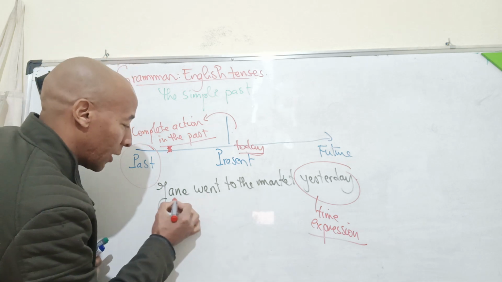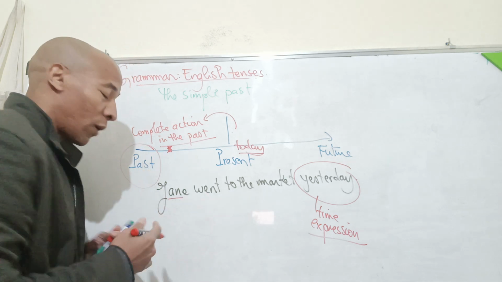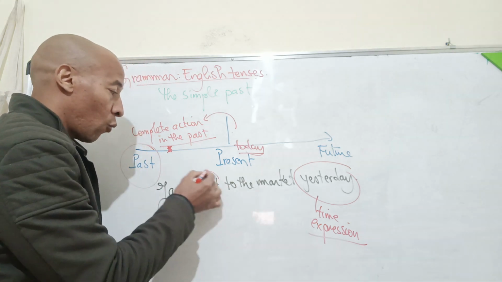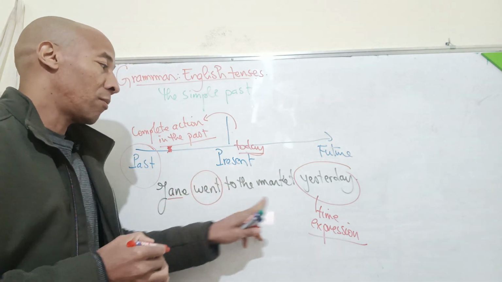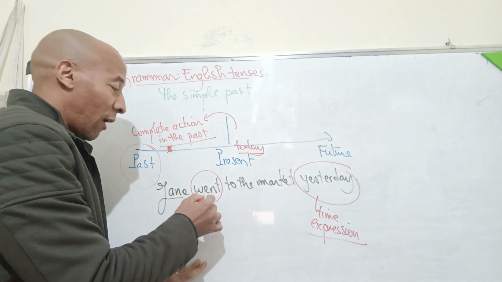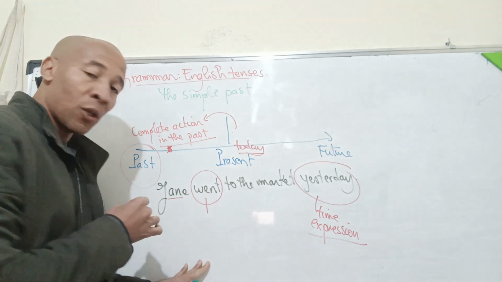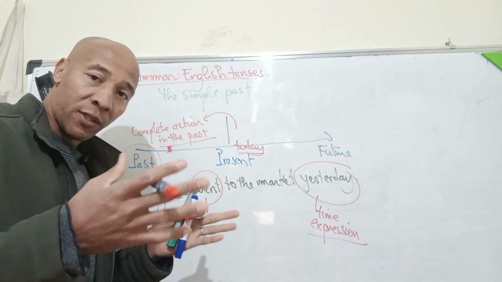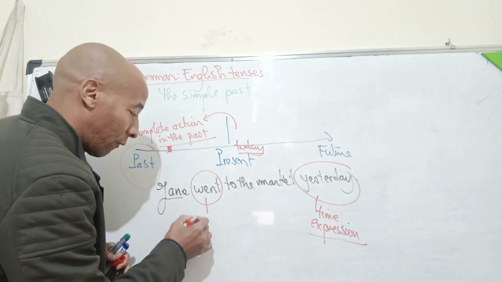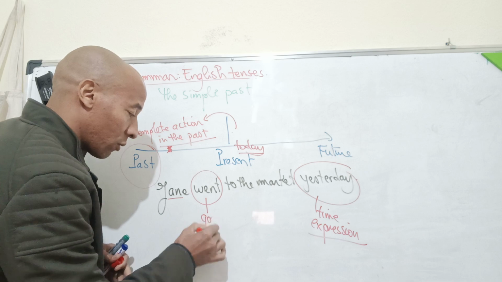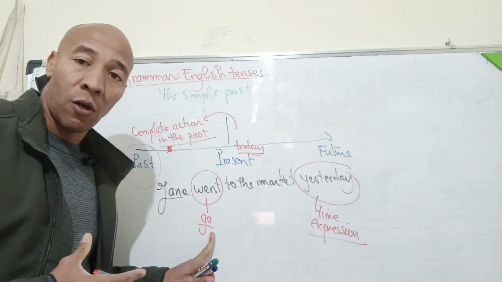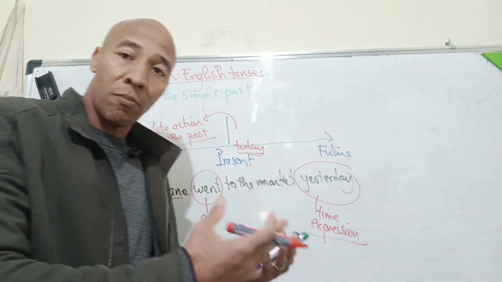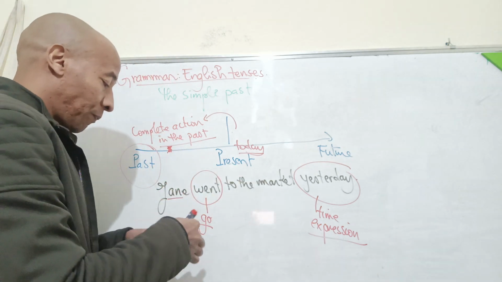Right, so we're talking about Jane. What did Jane do? Yesterday, Jane went to the market. So here we have the verb went, which is of course an irregular verb. We're going to see two types of verbs. So irregular verb, the simple past of verb go.